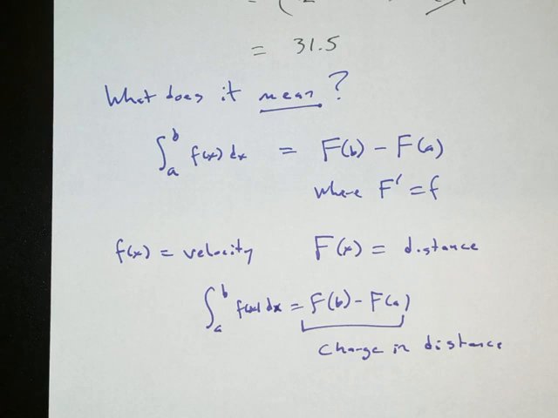I'm going to throw an object straight up into the air. Or I'm going to let it go from a particular height. Take your pick. We have all sorts of options, right?